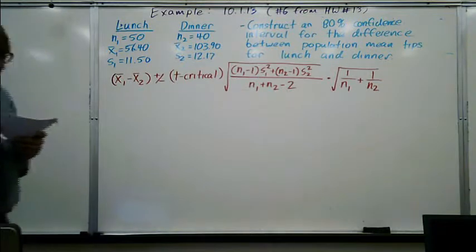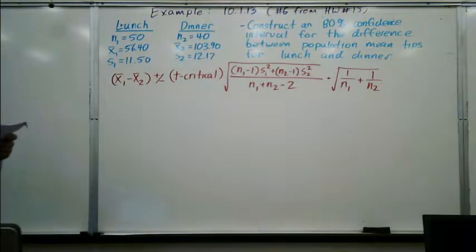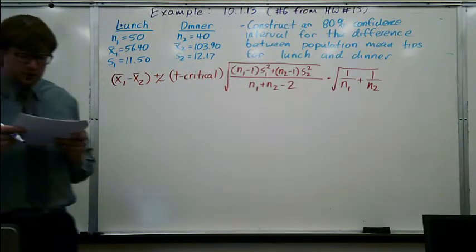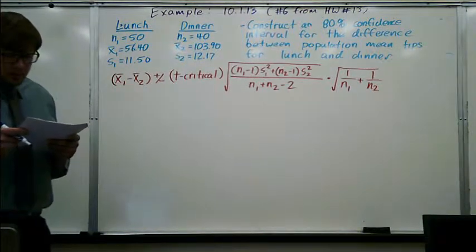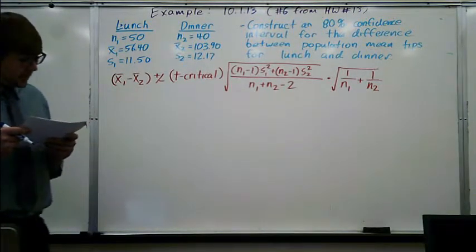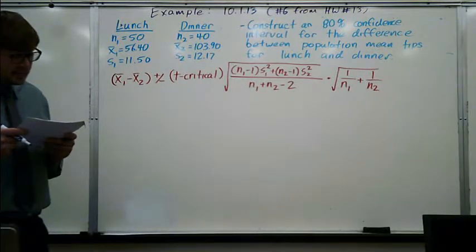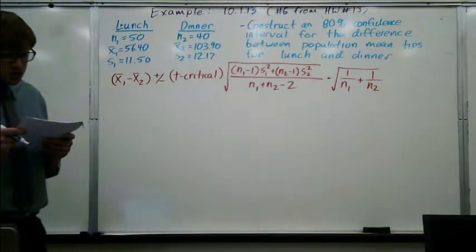A popular Italian eatery has a dispute among the wait staff regarding the amount of tips waiters receive on the lunch shift and on the dinner shift. Before making any adjustments to the schedule or other policies, the restaurant manager wants to estimate the difference in the average tips earned by waiters on the lunch shift and on the dinner shift.